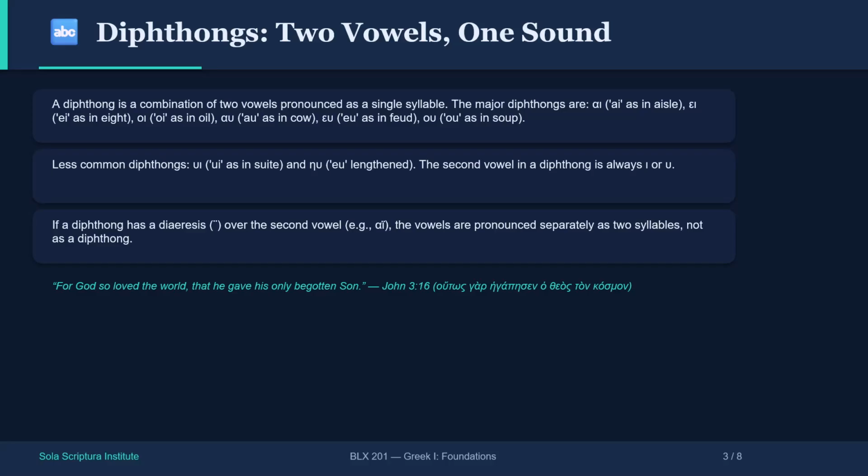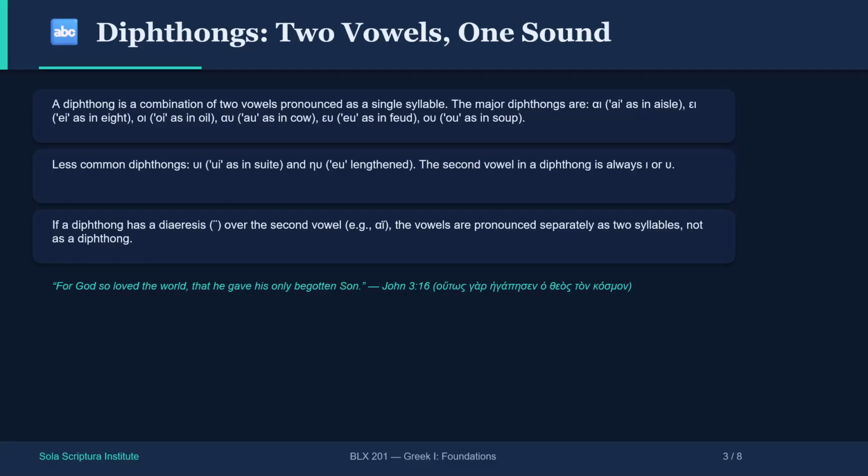And we also looked at diphthongs, these vowel sounds that combine to make a single sound. So you have the AI, and that makes aisle, the EI, 8, OI, like the OI in oil, the AU.